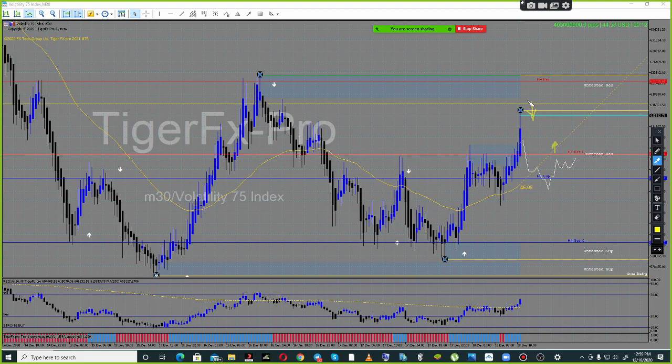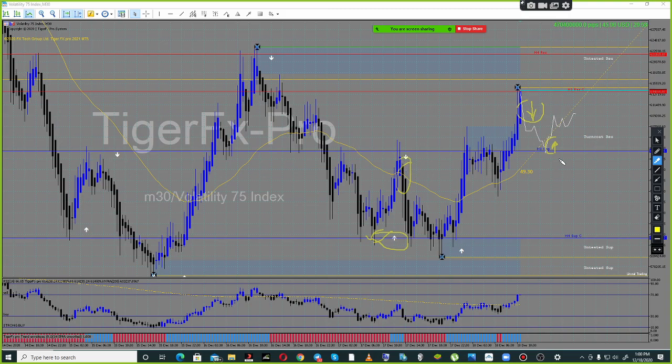You must ignore the sell one and then take the buy one. Like what happened here, it gave us a buy error, we ignored it, and then we took this sell error.